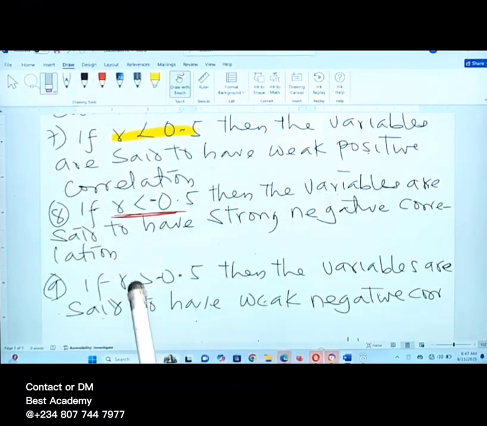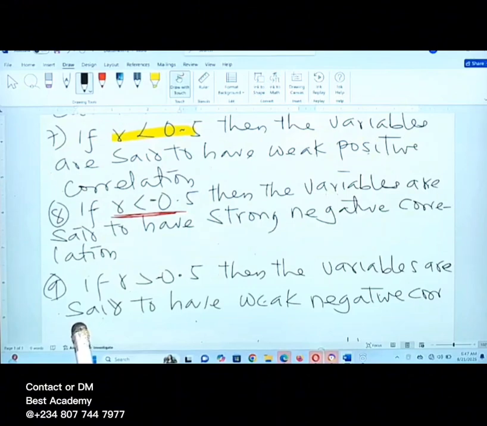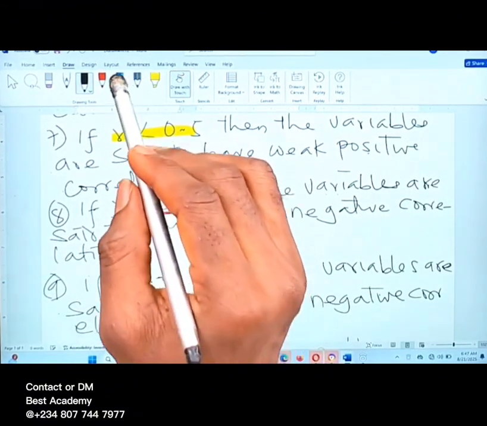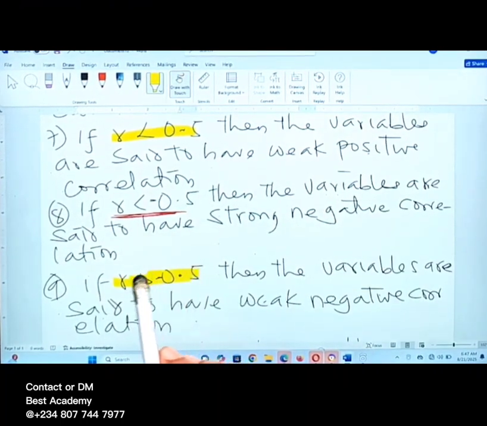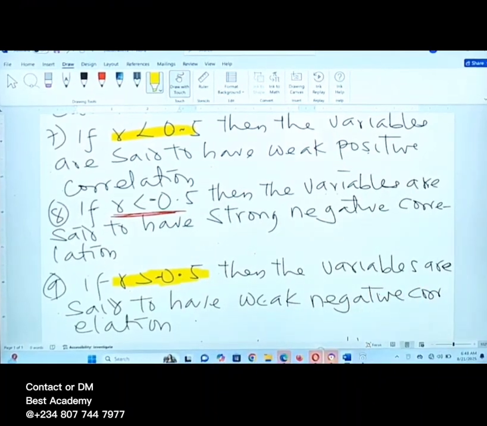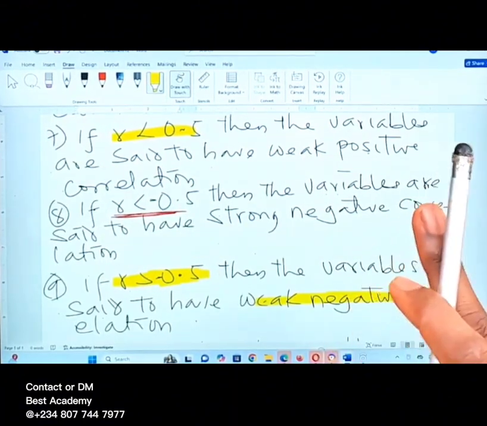If you look into these values, they are further from 0 in the positive direction, so these values are less than positive. Since they are less than positive, that means it's going to be a weak negative correlation. I'm going to interpret this particular statement.